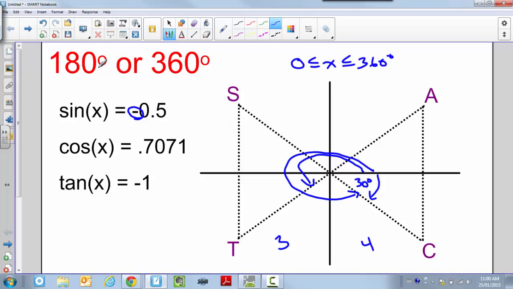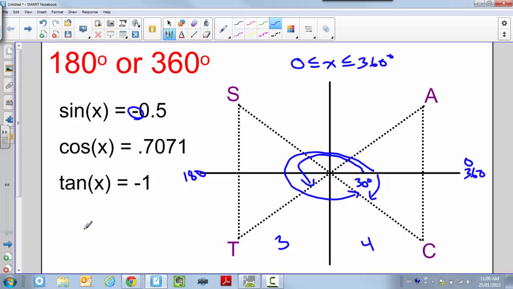So how do I determine whether the 180 or the 360 is going to help me? Well, of course, this is the 180 right here. That's 180 degrees from my starting point. And this is 0 or 360 degrees on this line. When I'm working in the third quadrant, I'm going to go the full 180 plus another 30 to find the angle that I've got here.